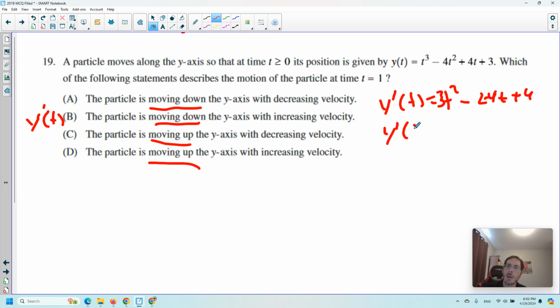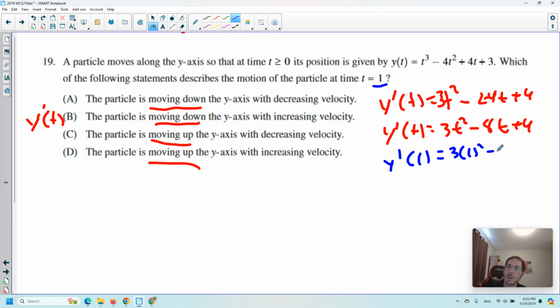So y prime of t is 3t squared minus 8t plus 4. We want to know what's happening at time t equals 1. So y prime of 1 is 3 times 1 squared minus 8 times 1 plus 4, which is negative 1. So we're going down. So we are moving down. So let's get rid of C and D.